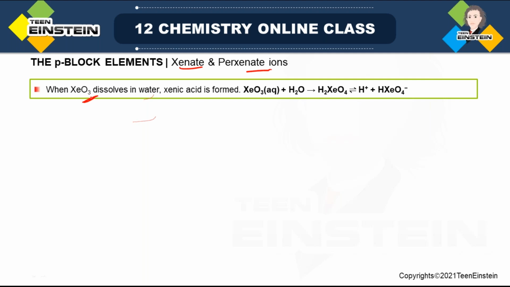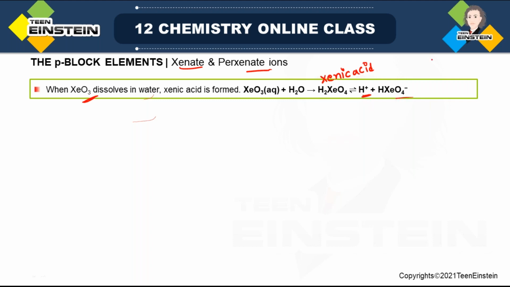When you dissolve this trioxide in water, first there is formation of xenic acid. Xenic acid has the formula H2XeO4. Now this acid is not very stable, so immediately after formation there will be dissociation into H plus and HXeO4 minus.